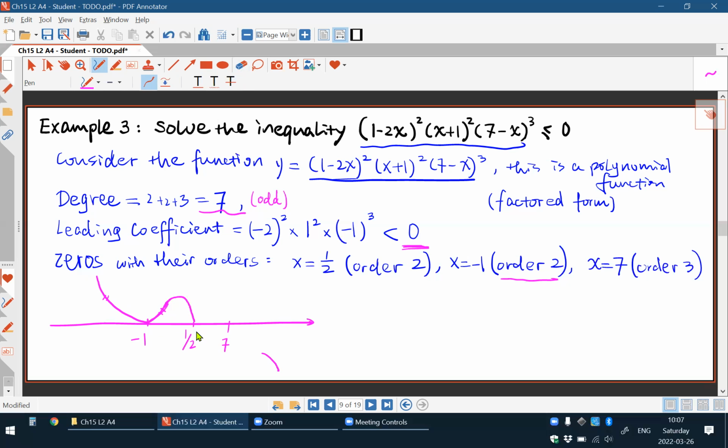Let's check the order at this zero. The order is 2 at x equals 1/2. That means the sign does not change either, so it will bounce back again. Then it will cross the next zero at 7. At x equals 7, the order is 3. Order 3 is an odd number.